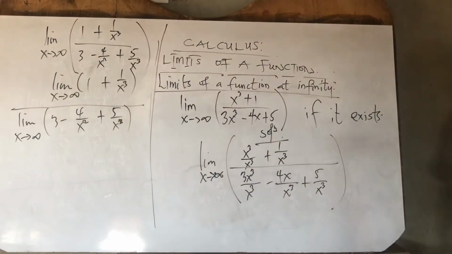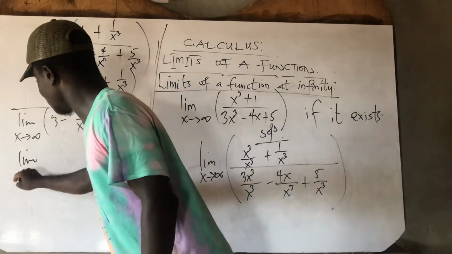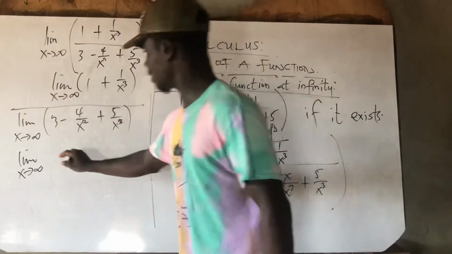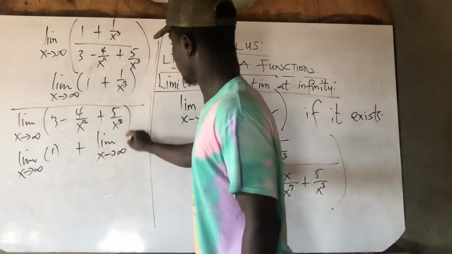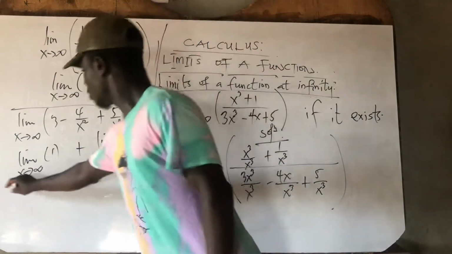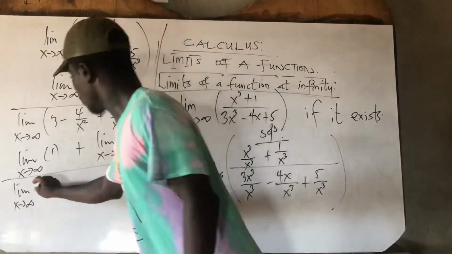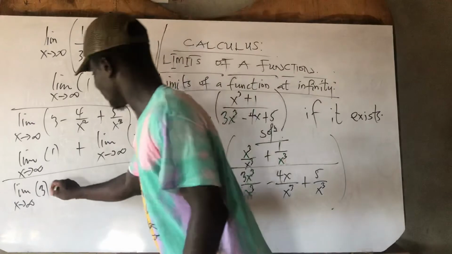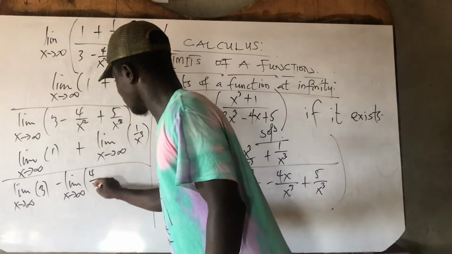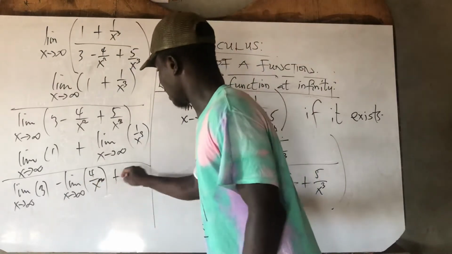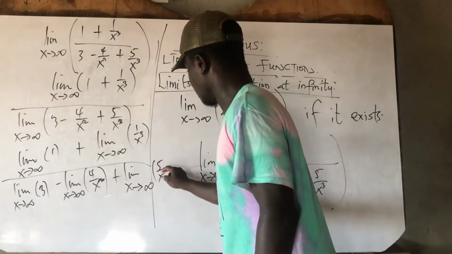So the numerator, I can treat as the limit of 1 plus the limit of 1 over x cubed, all over the limit of 3 minus the limit of 4 over x squared plus the limit of 5 over x cubed.